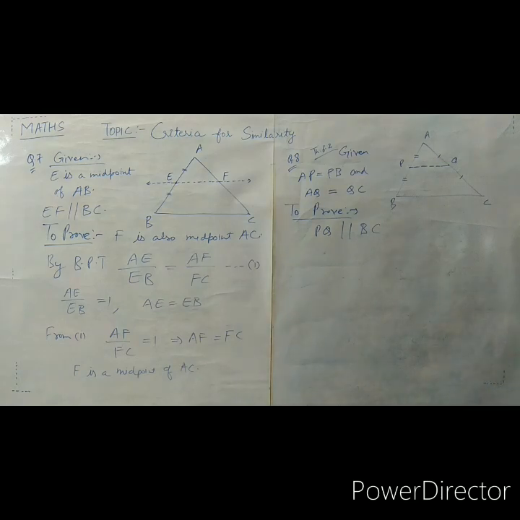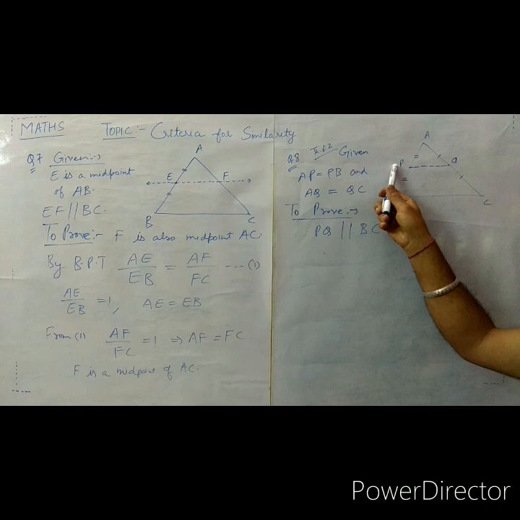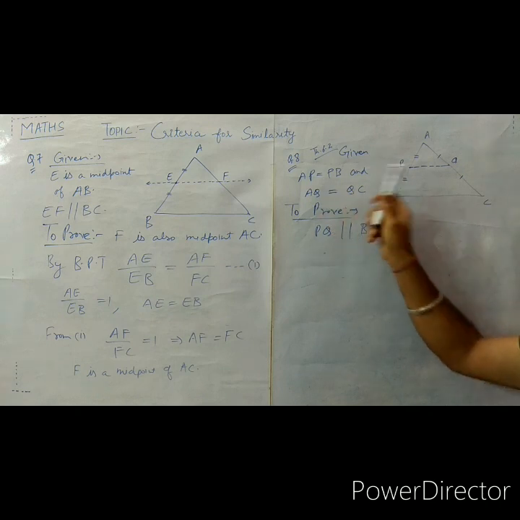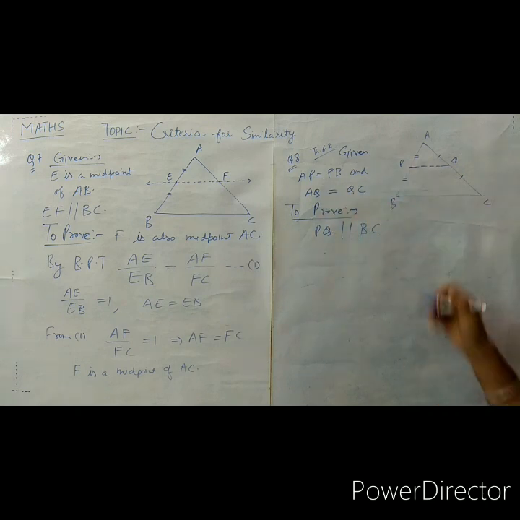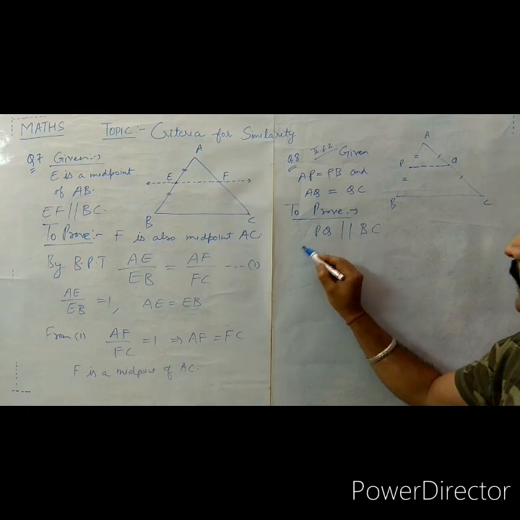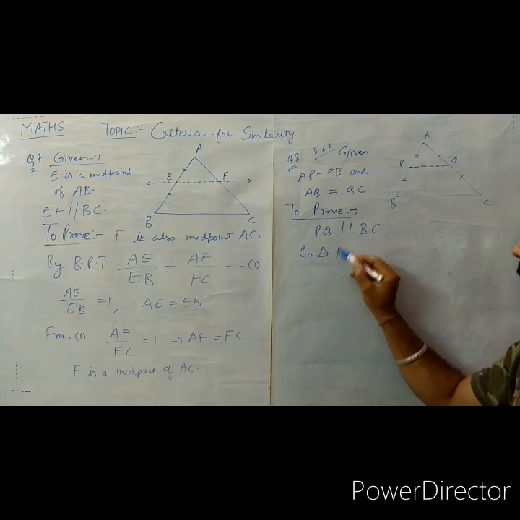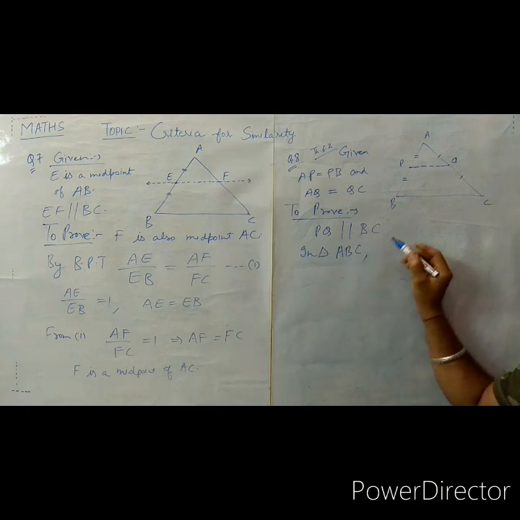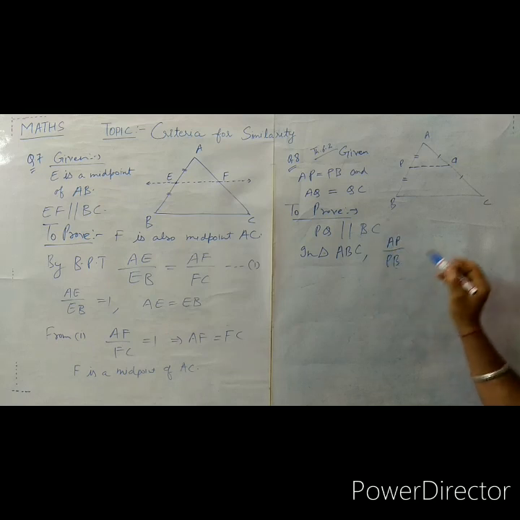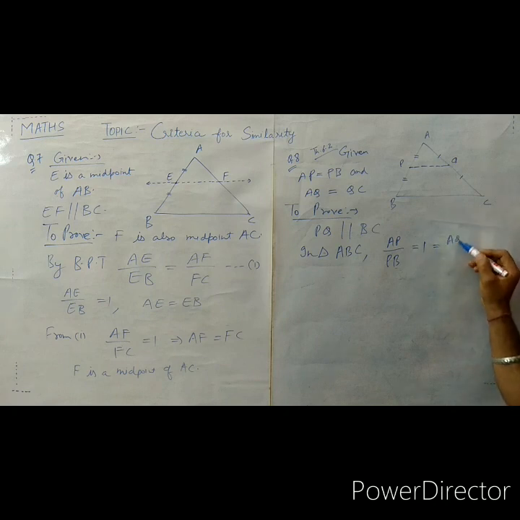So here in triangle ABC, AP upon PB is equal to 1, and this is further equal to AQ upon QC.